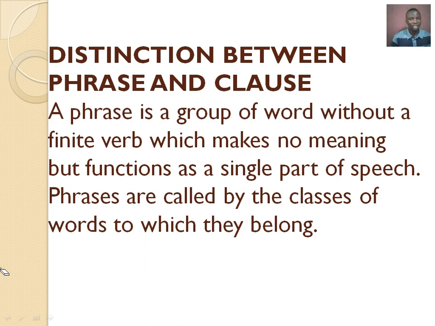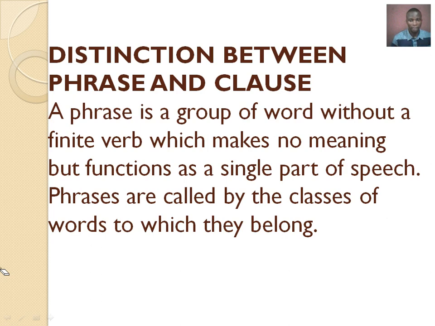There is a change from "like" to "likes" in the second example because there is a change from the first person to the third person singular. But "to play," as observed, remains unchanged. So that tells us that the verb "like" is a finite verb, and the to-infinitive, "to play," is a non-finite verb. So a phrase is a group of words without a finite verb.